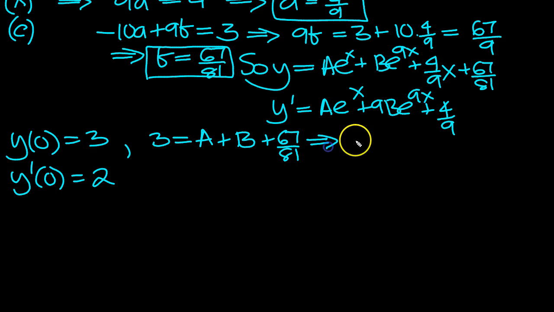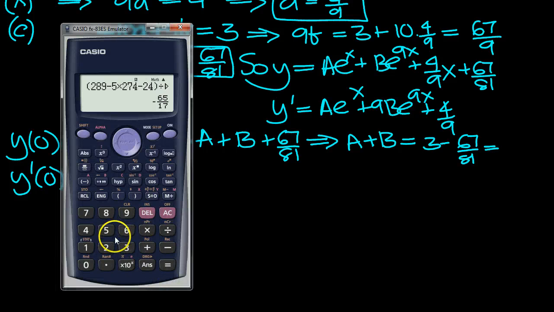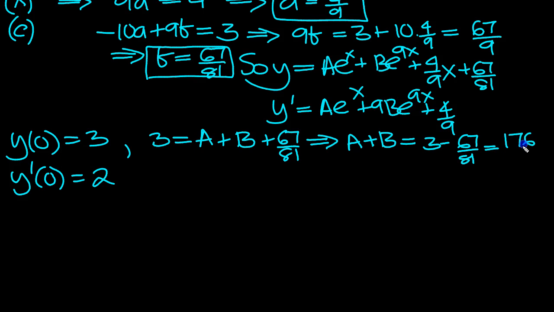So that tells us then that A plus B equals 3 minus 67 over 81. Let's just tap that in a calculator. So we want 3 minus 67 over 81 equals 176 over 81. So that's A plus B then, that's equation 1.